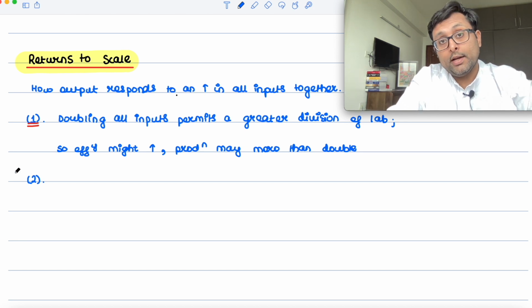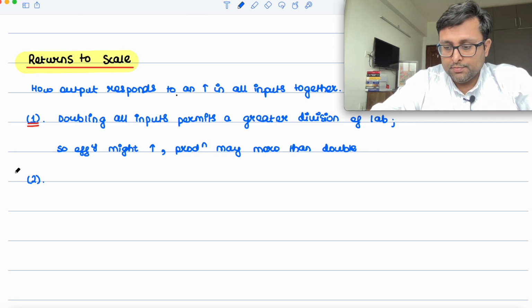Then there is also another possibility which can arise, that when you double all the inputs, managers would have to supervise a larger amount of inputs. So the managerial efficiency might fall, which might lead to a lesser increase in output.